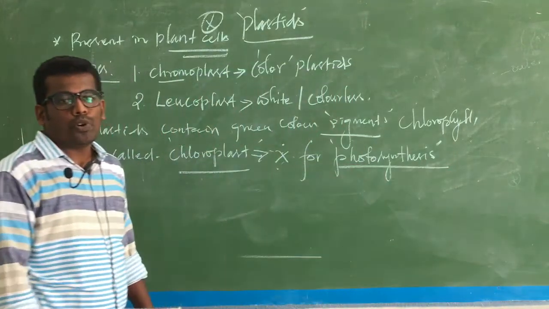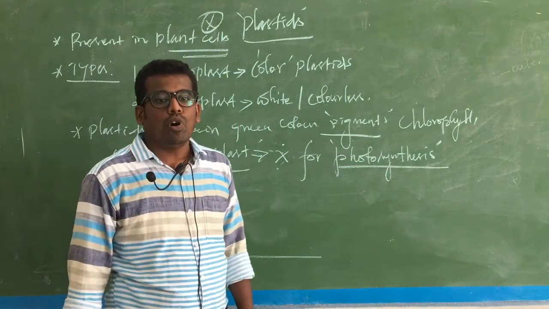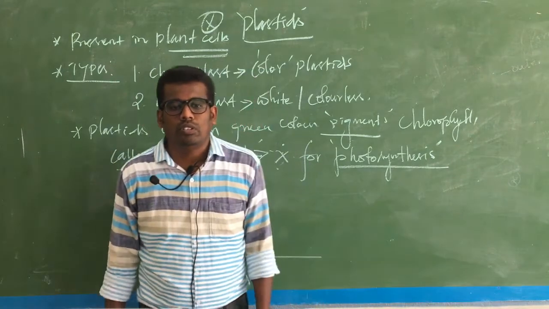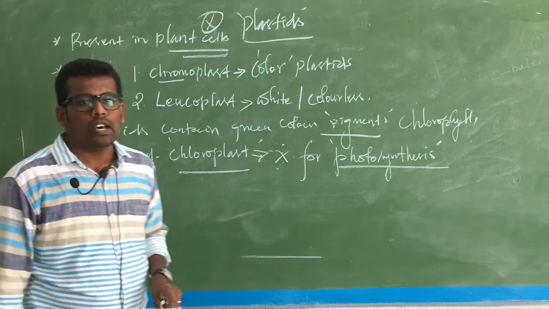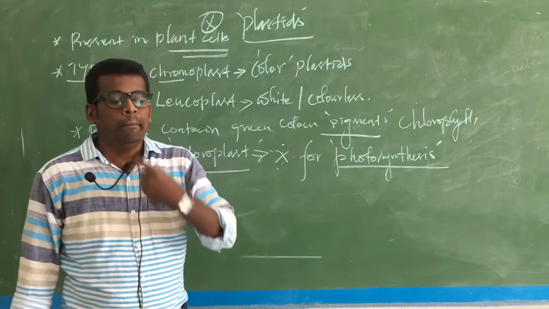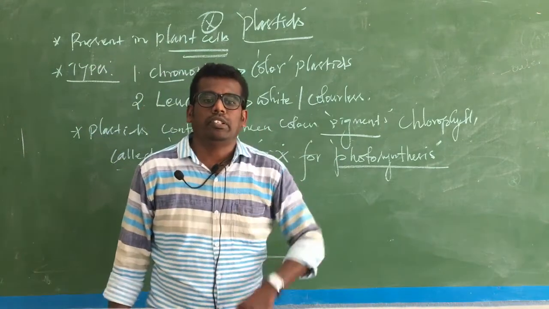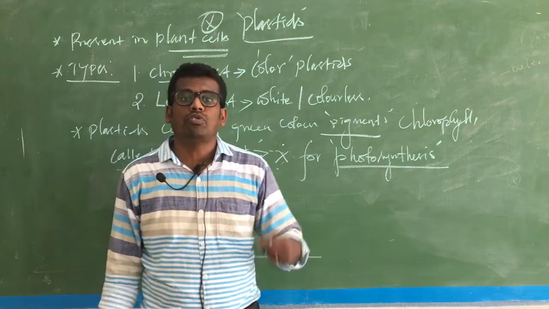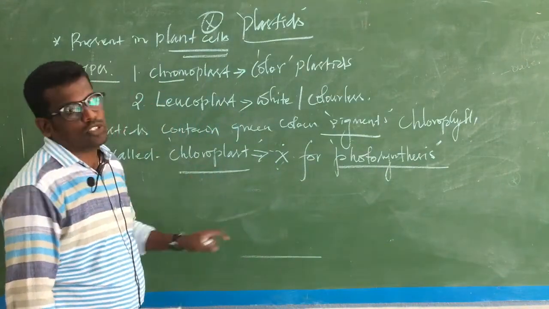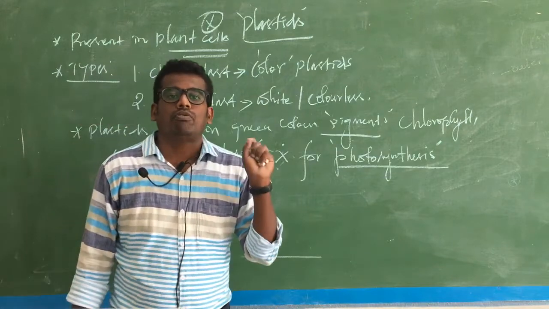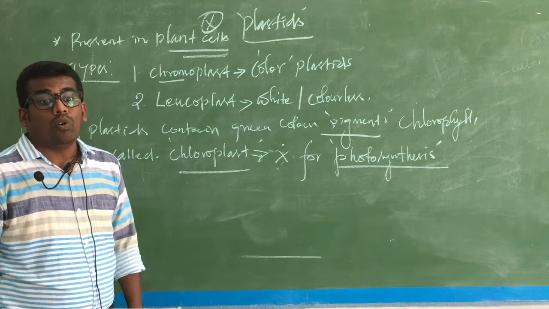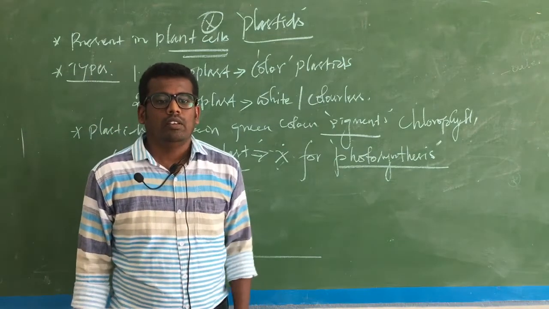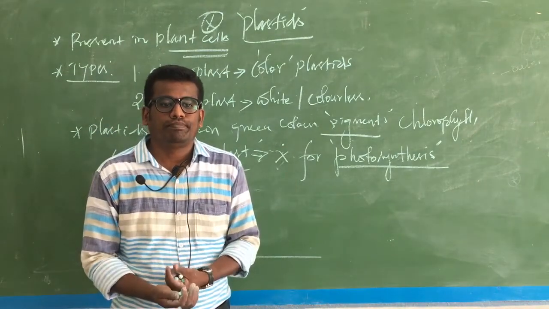Plants are able to produce their own food, no? That process is called photosynthesis. It occurs in the chloroplast because only there the green pigments are present. So the site of photosynthesis in plants is the chloroplast.